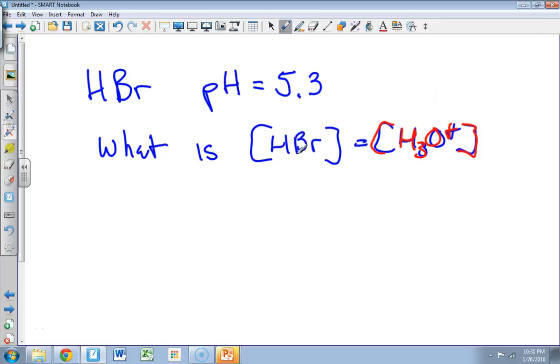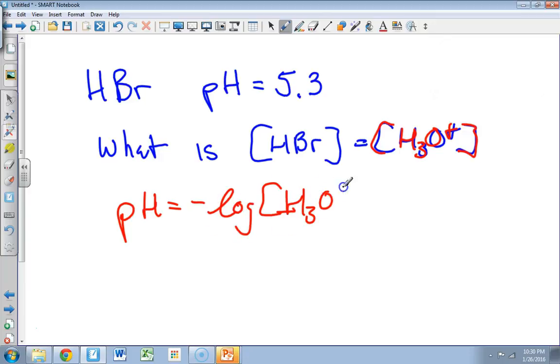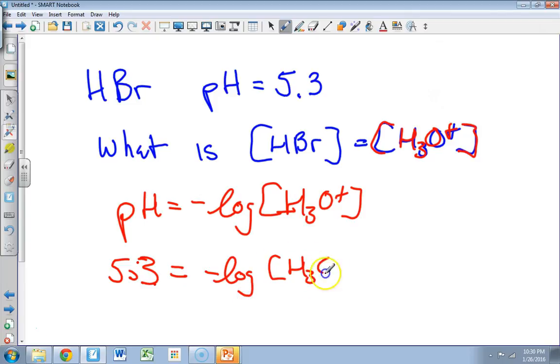It's a strong acid, so pH equals negative log of the concentration of the hydronium ion. But now, when we plug and chug, we go 5.3 equals the negative log of the concentration of the hydronium ion.